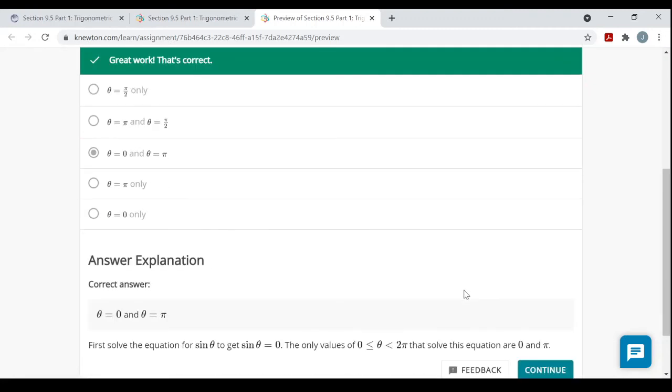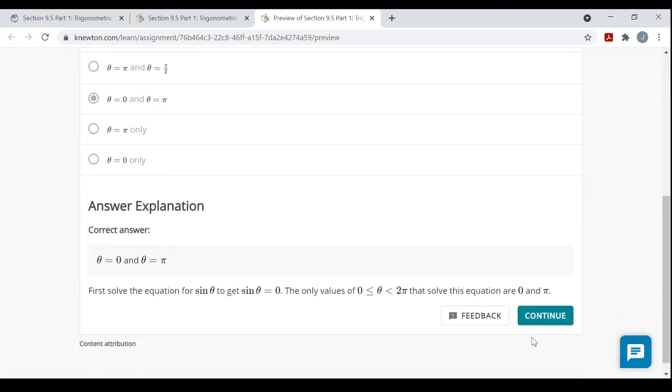Wonderful. Alright, so hopefully watching me do this. Now, I did a little more than you probably need to. The listing of the general solution, describing all infinitely many solutions, and then listing a bunch of solutions, and then picking out the ones that match the range that you want.